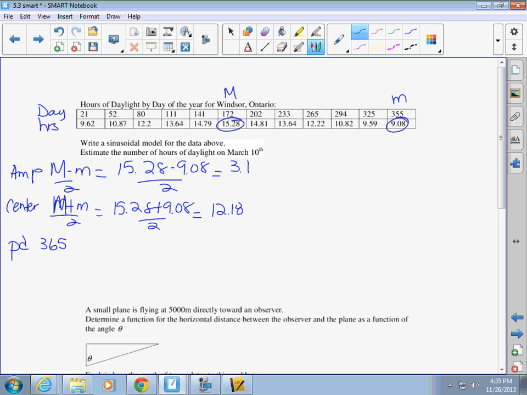Our phase shift then, we want to start at the maximum value. That's where our phase shift is, drawing this graph. So it's 172 to the right.